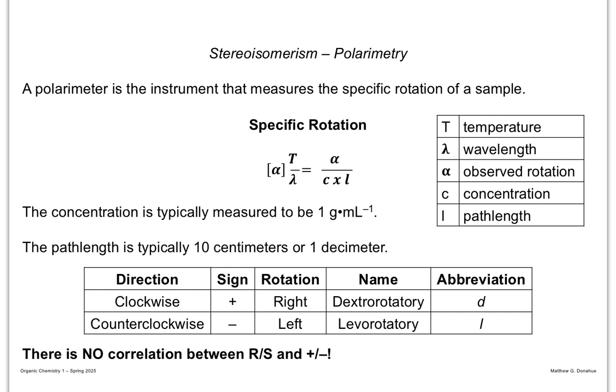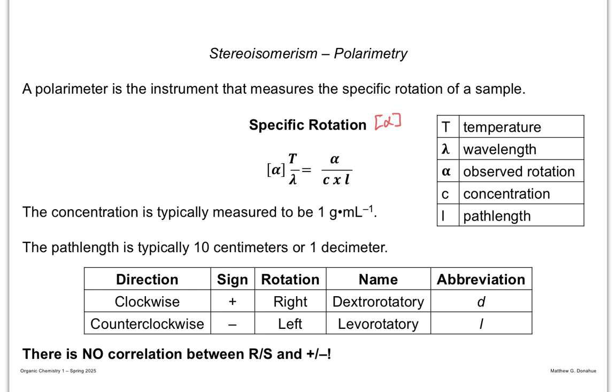So the equation for specific rotation is shown here. The specific rotation is the value in the square bracket, alpha. And just in terms of the notation, the T is the temperature at which the sample is measured.